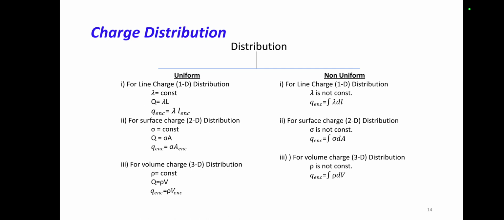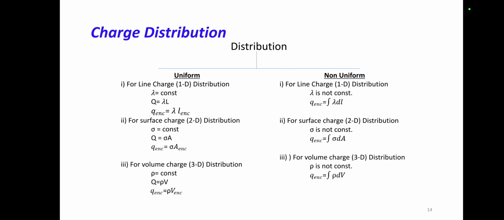So here this format shows the charge distribution. There are two types: one is uniform charge distribution and another is non-uniform charge distribution. In uniform charge distribution, first for line charge, meaning one-dimensional distribution, lambda is constant, q is equal to lambda L, q enclosed is equal to lambda into L enclosed.